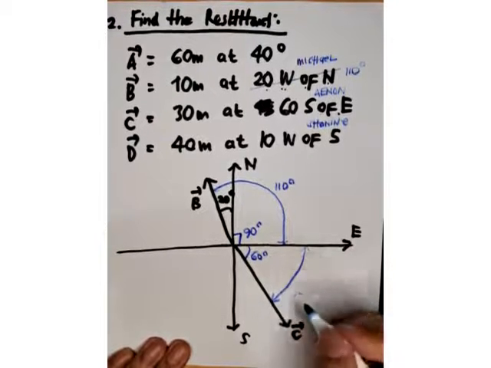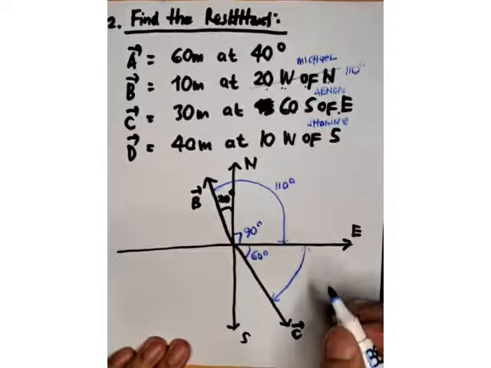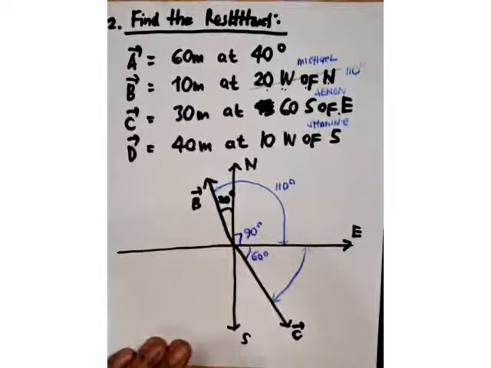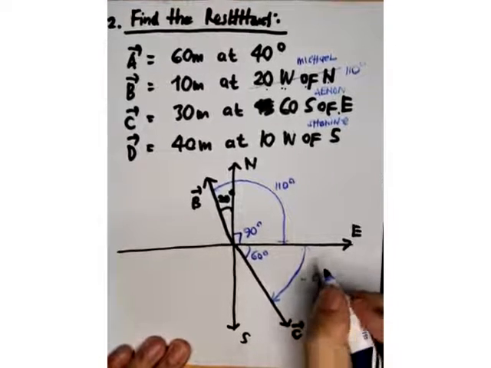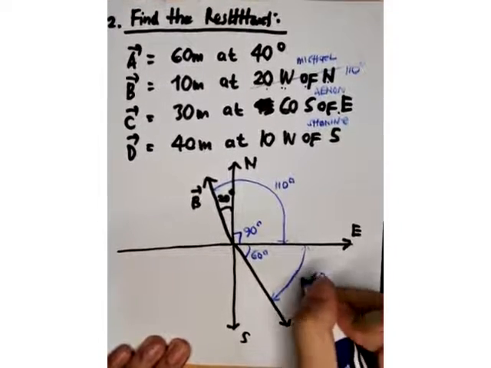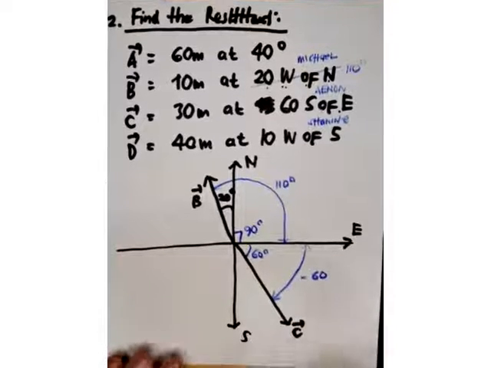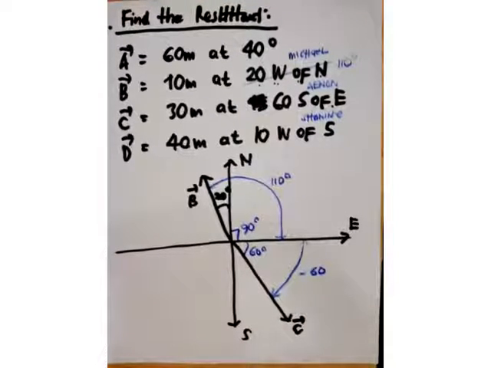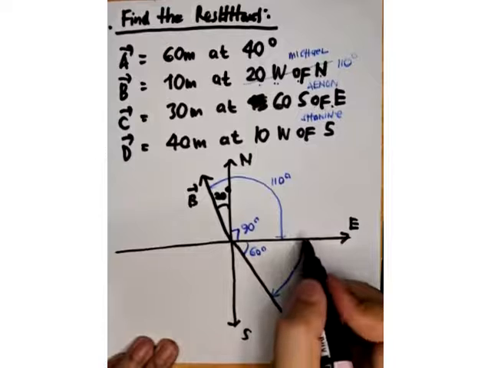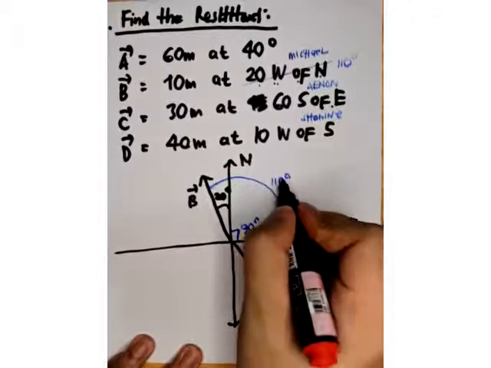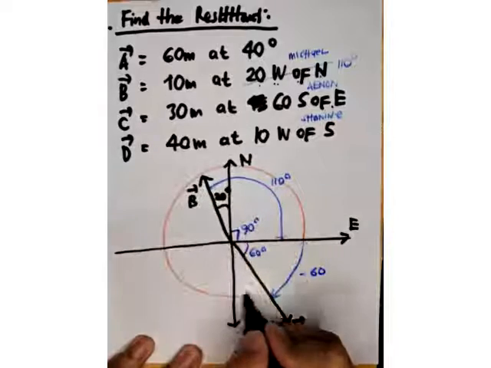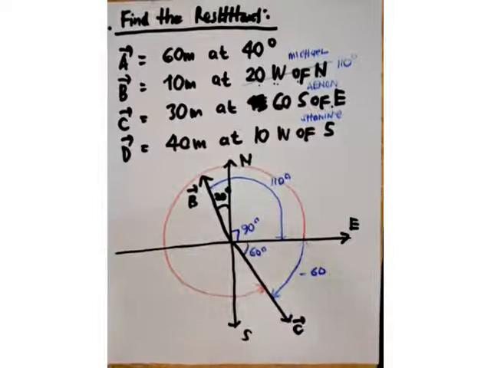Since pa-clockwise siya, di ba pag counterclockwise, positive yung angle. Pag pa-clockwise siya, it is negative 60. Or meron siyang counterpart. Gusto ko positive yung angle, so dapat counterclockwise ako mag-measure. So dapat ganito ako mag-measure. Anong angle siya nun?